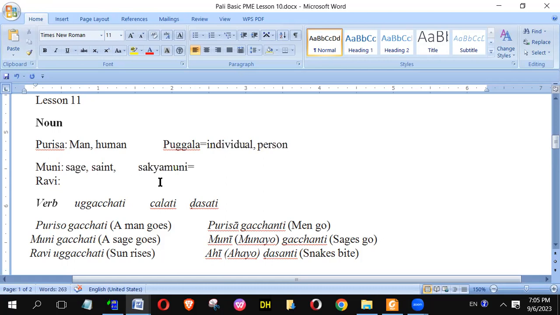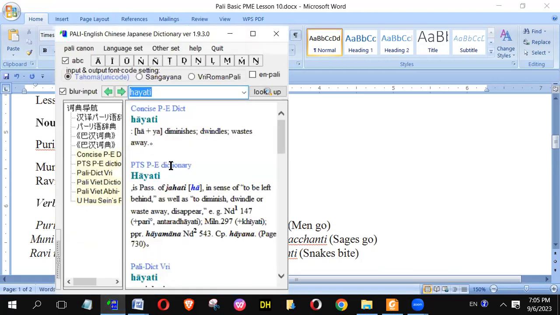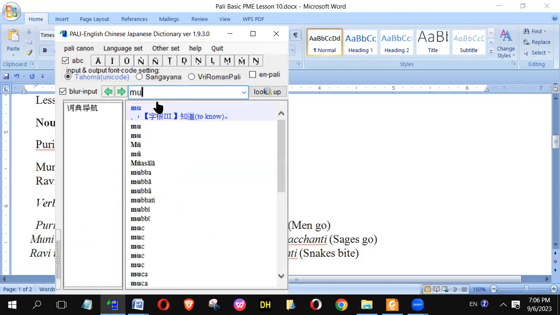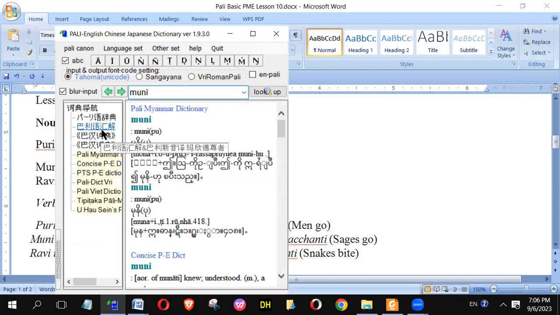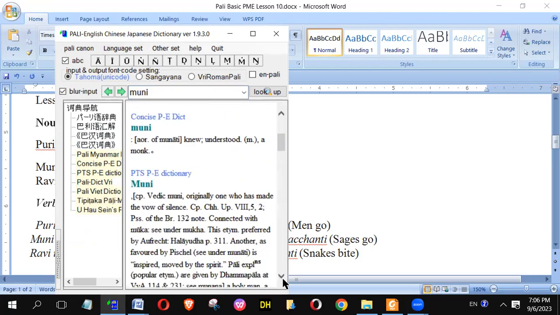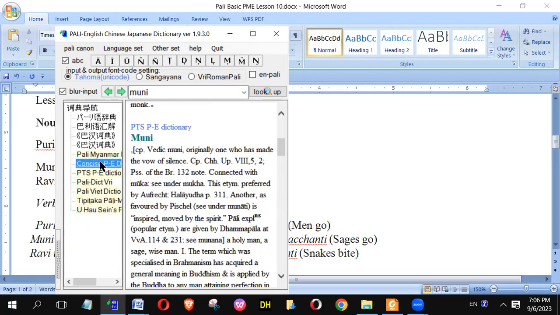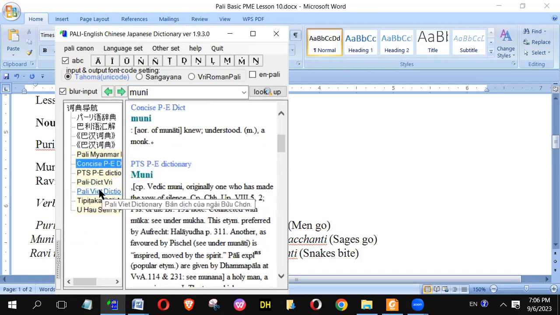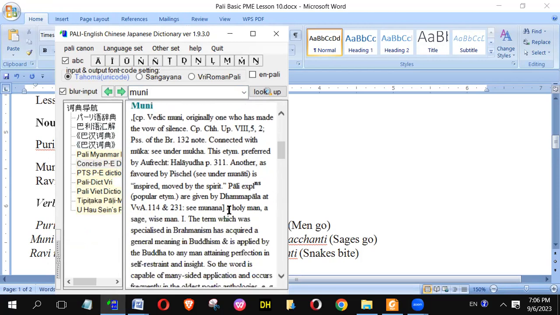Sage of the Sakyans. Beside the sage, there's another meaning of Muni. Muni means one who understands, one of vow, silence. Ascetic, holy man, sage, wise person.